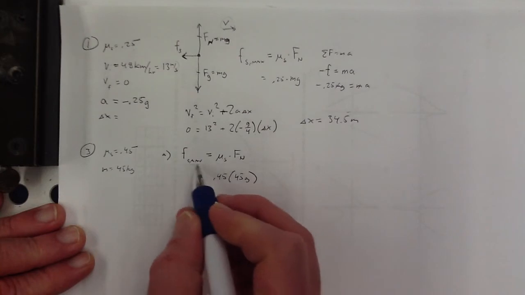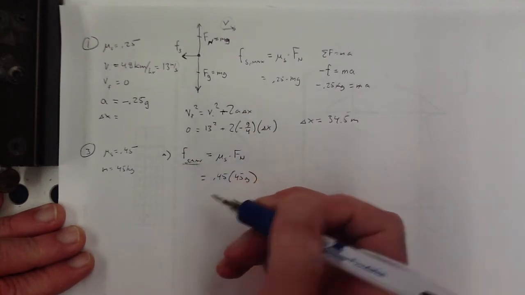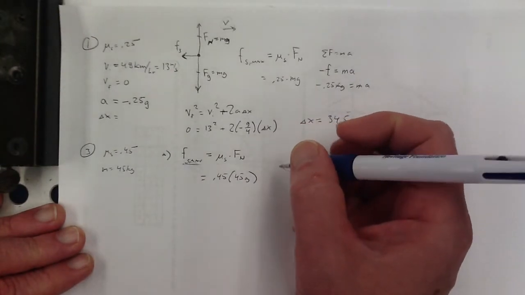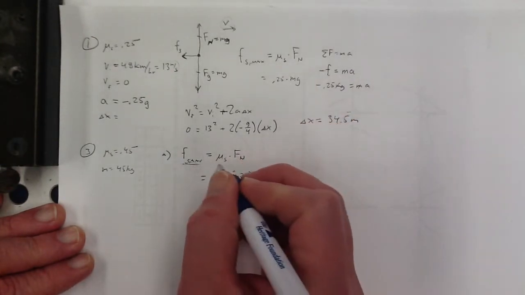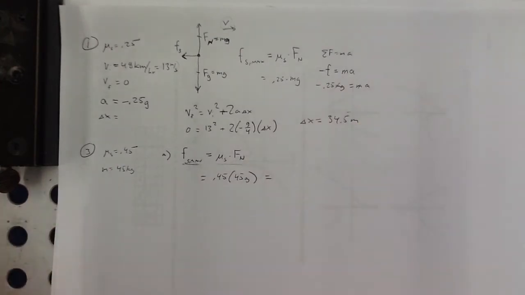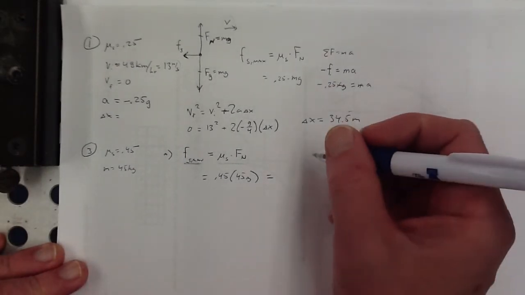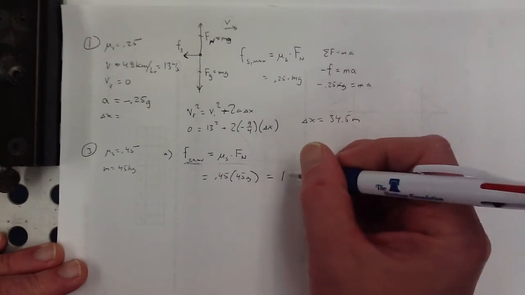If you want to break this thing free, you're going to have to match that and just barely exceed that, and that will break it free, because this is the maximum static frictional force. So that is 0.45 times 45 times 9.8, about 198 newtons.